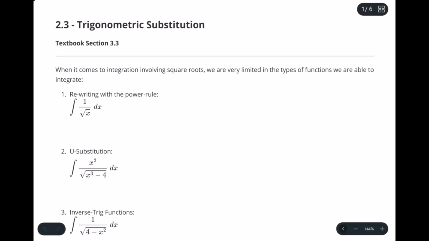So just as a refresher, one type of integral that we can use when square roots are involved is a use of the power rule. So for instance, like this particular example, I could rewrite as, instead of 1 over the square root of x, of course, the square root of x could be written as x to the 1/2 power.